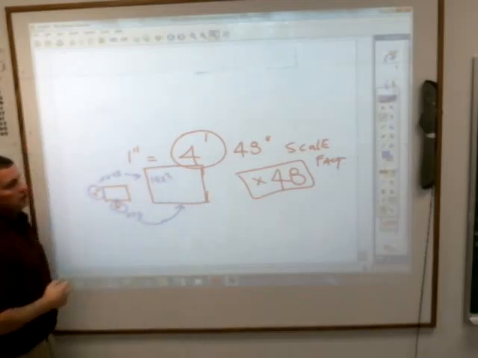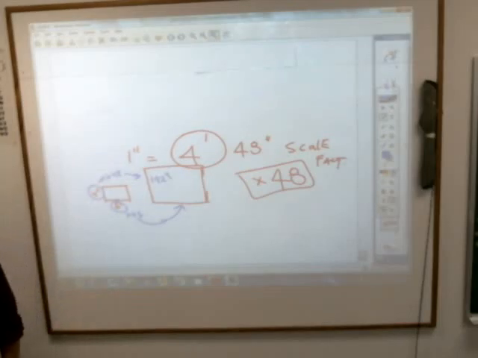Now, do we ever say anything's 192 inches? No. Which means you're going to have to change it back into feet, which means you're going to have to divide it by 12.